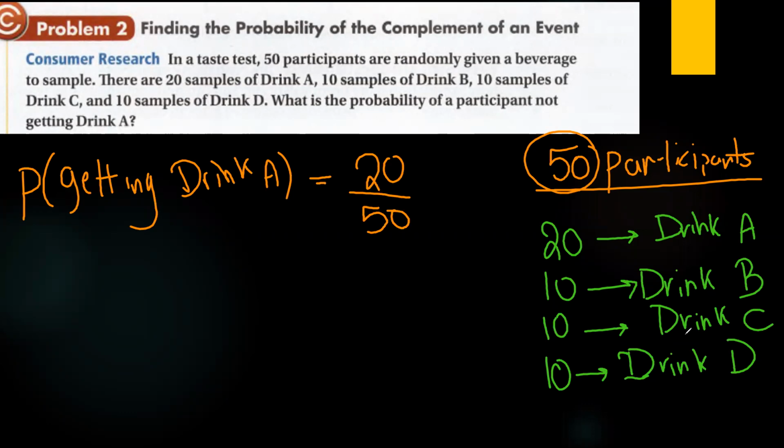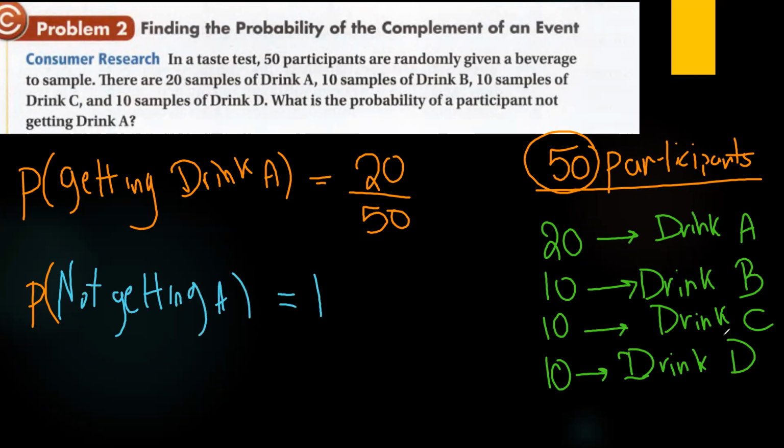And then I don't want getting A. I want the probability of not getting A. So the probability of not getting A will be 1 minus 20 over 50. And then in order to subtract, I write 1 as 1 over 1.